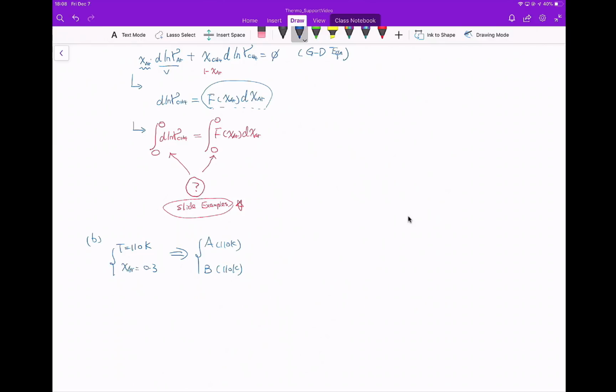I can also calculate this activity coefficient of argon, and eventually the actual value of this argon. So that should be no problem at all.